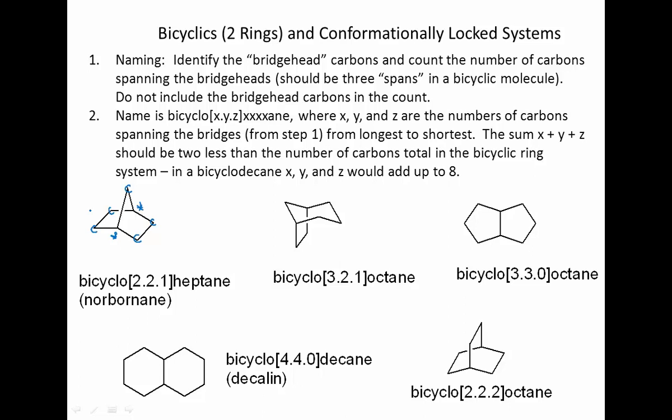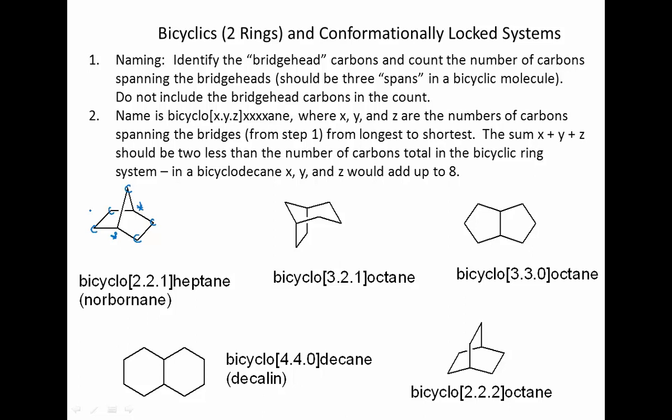Since we're not counting the bridgehead carbons in the span length, the numbers that you add together should come up to be 2 less than the total number of carbons in the bicyclic ring system. So in a bicyclodecane, X, Y, and Z should add up to 8. We're going to place them in descending order. The largest span is first, followed by Y and Z.